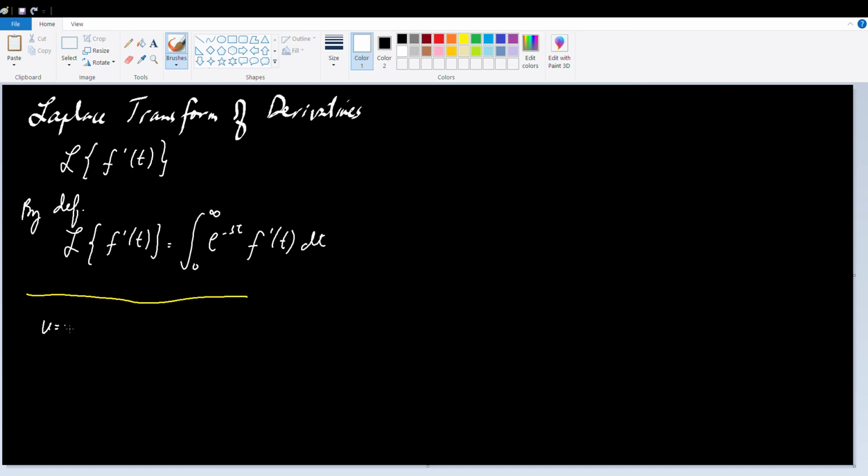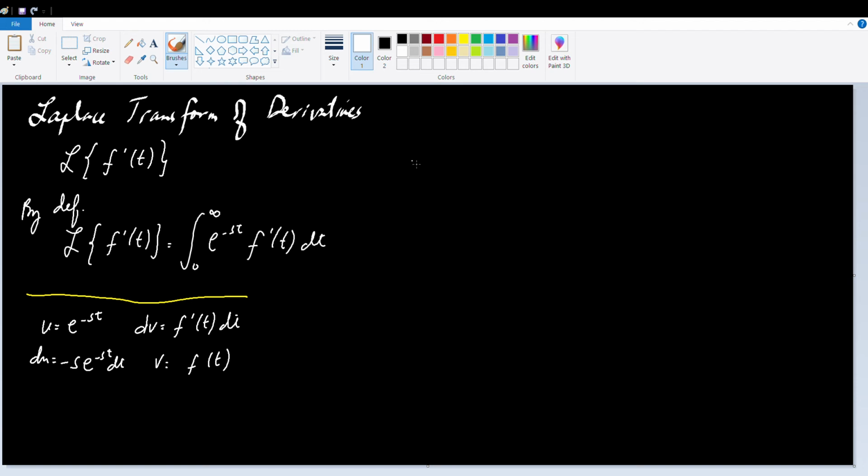Our u is e to the negative st, and our dv is f prime of t dt. So our du is negative s, since negative s is a constant, times e to the negative st dt, while v will be the integral of f prime of t dt, which is simply f of t.